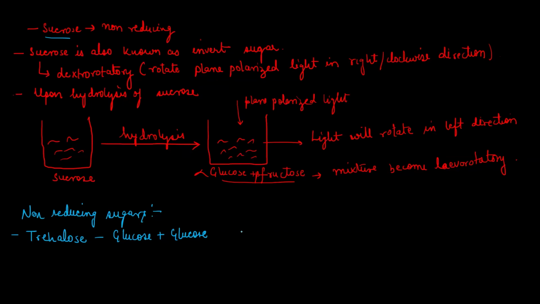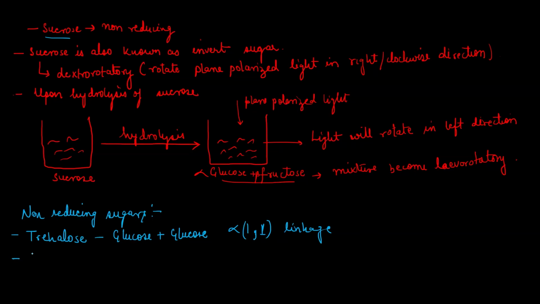While in the case of trehalose, it is alpha 1,1 linkage. So it is the first carbon of one glucose and the first carbon of another glucose. And we know that in glucose, the first carbon is the carbonyl carbon. So both the carbonyl carbons are involved in bond formation. Hence, trehalose becomes non-reducing.